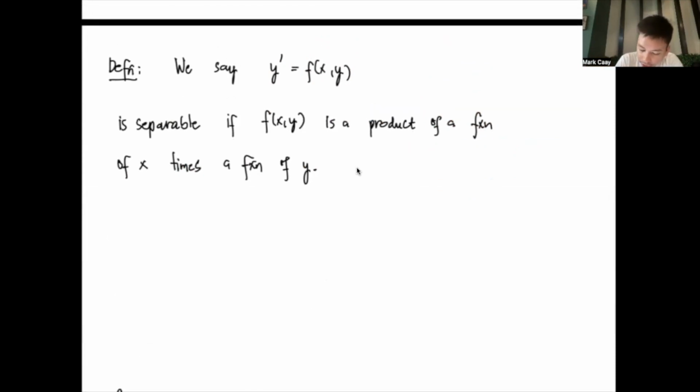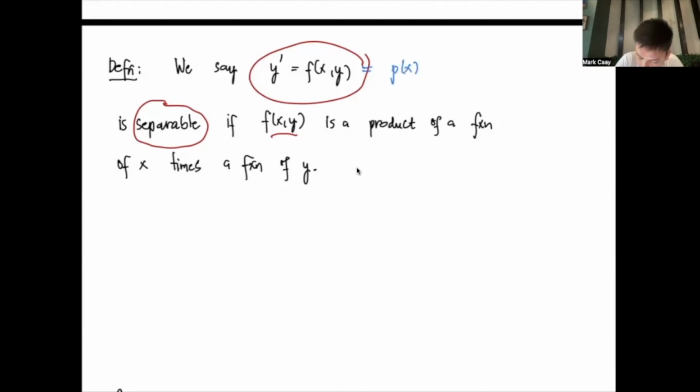We have a differential equation that's y prime equals a function of x and y. We call this separable if your f of x, y is a product of a function of x times a function of y. So basically, this can be written as p of x q of y. This represents a function of x and a function of y, so there is a corresponding product for that.